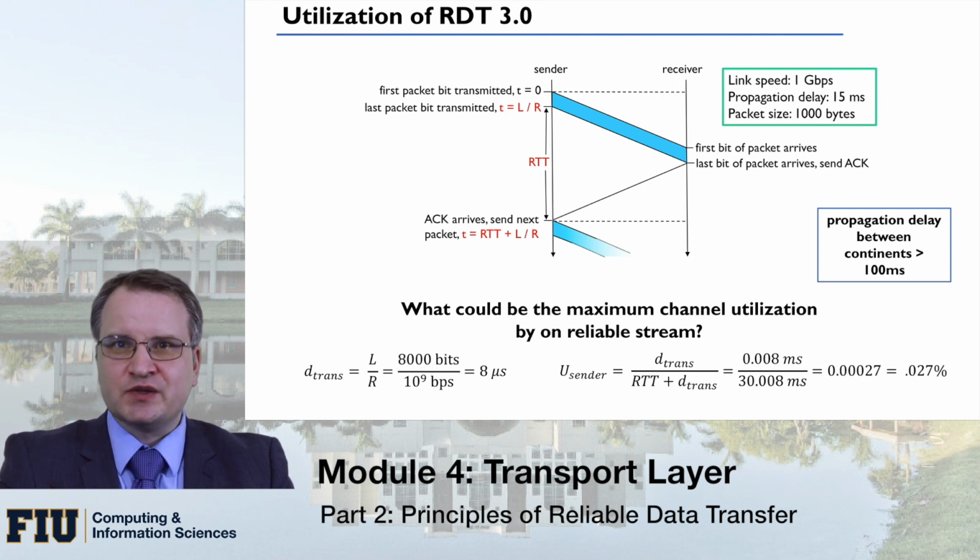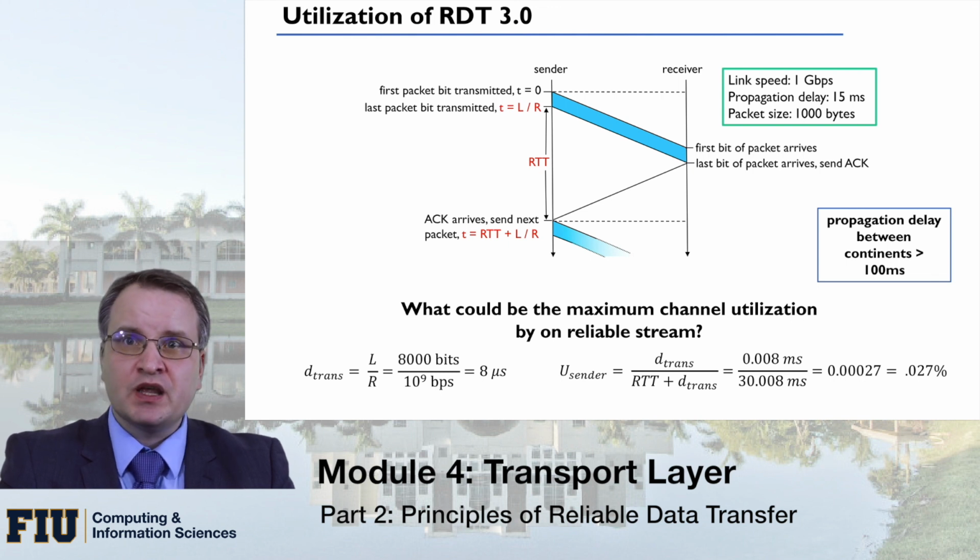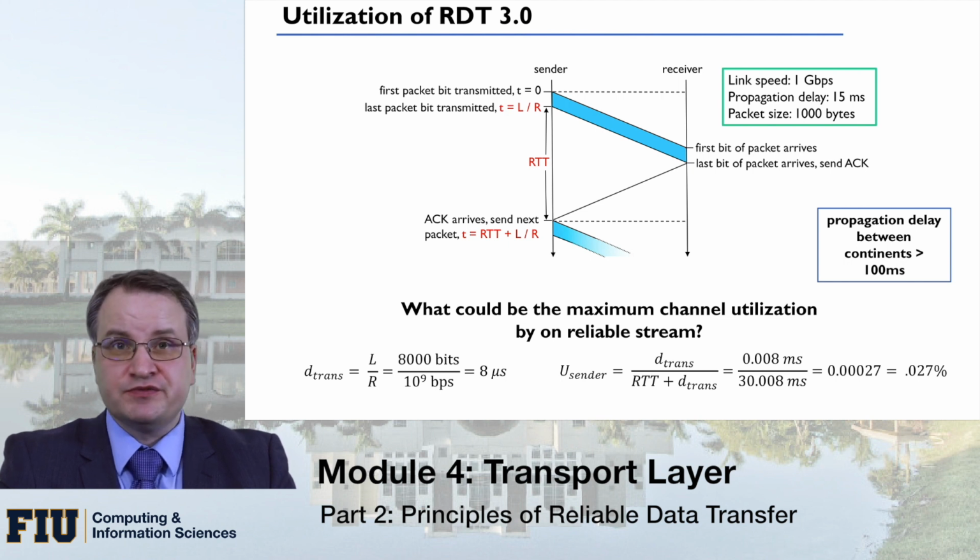It's calculated for a 1 gigabit link speed, a propagation delay of 15 milliseconds, and a packet size of 1,000 bytes, a typical configuration. The utilization of this link will be at most 0.27%, so 0.0027, which is really bad.